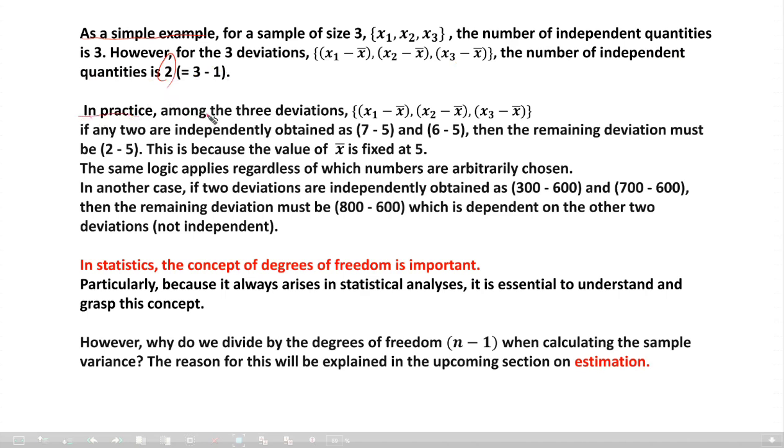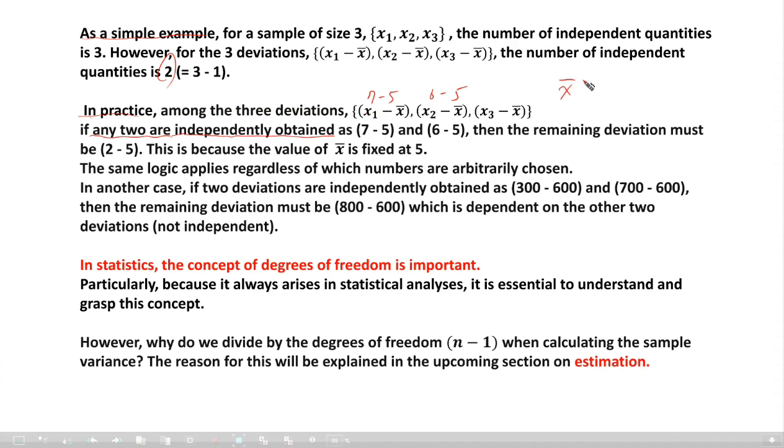In practice, among the three deviations, if any two are independently obtained as some real values, say 7 minus 5 and 6 minus 5, then what is x3 minus x bar? It is automatically determined: 2 minus 5. Why?